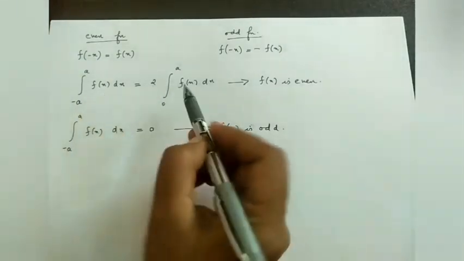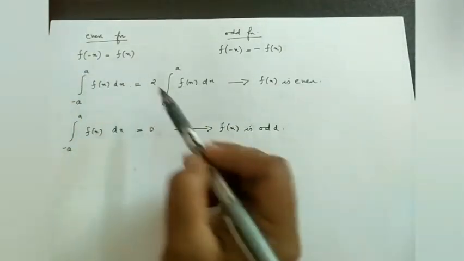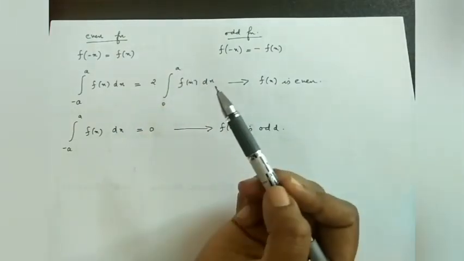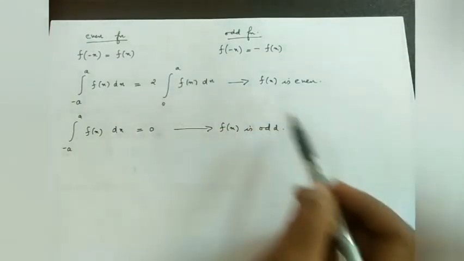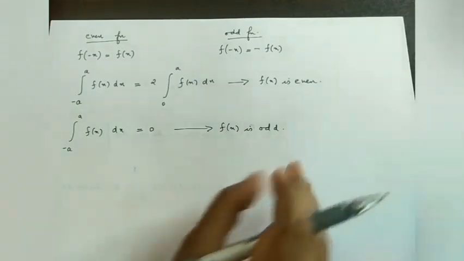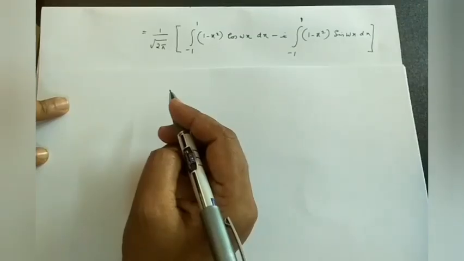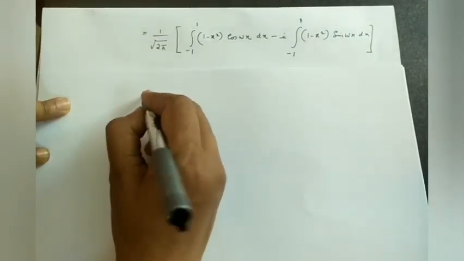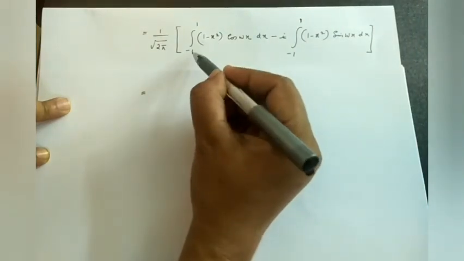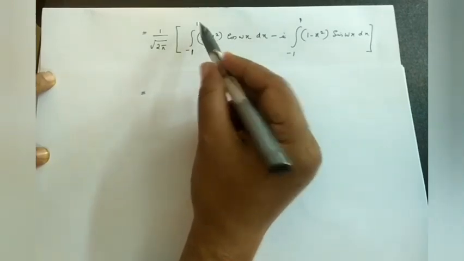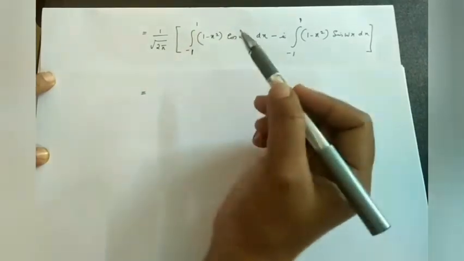If it is even, we can convert the minus to plus value to 2 into 0 to a positive value. Okay, these are the points we have to remember before doing the problem. Okay, now we can proceed with the problem. In this problem, we want to note that the limit is from minus to plus value, that means minus 1 to 1.